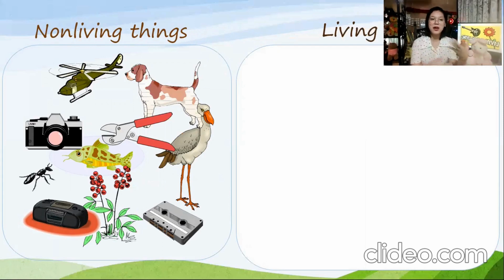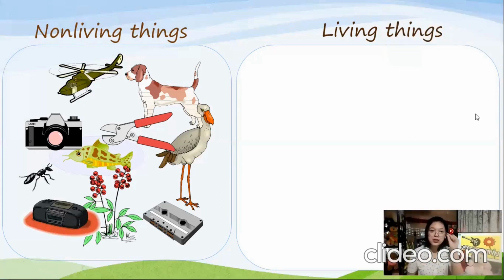A dog, a helicopter, a camera, a plant, an ant, a fish. And in the other side it's a blank box. Well, we need to know what or which is the non-living things and the living things. So can you point which is the living things?